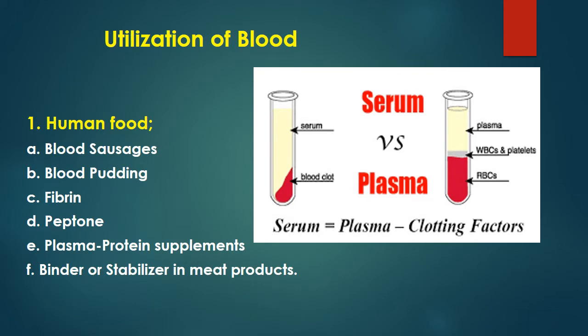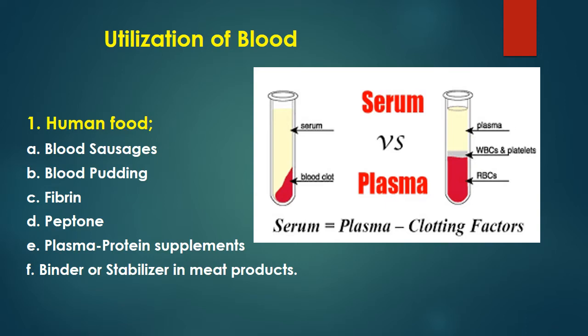Now first, briefly we will discuss different kinds of utilization of blood. First is the use of blood as human food, that is, it can be used in sausages like blood sausage. If we partially add the blood with meat, then we can make blood pudding, which is very famous in Western countries.